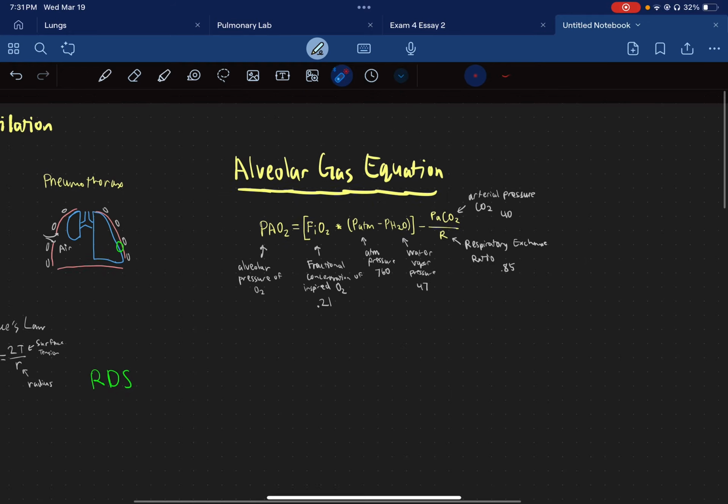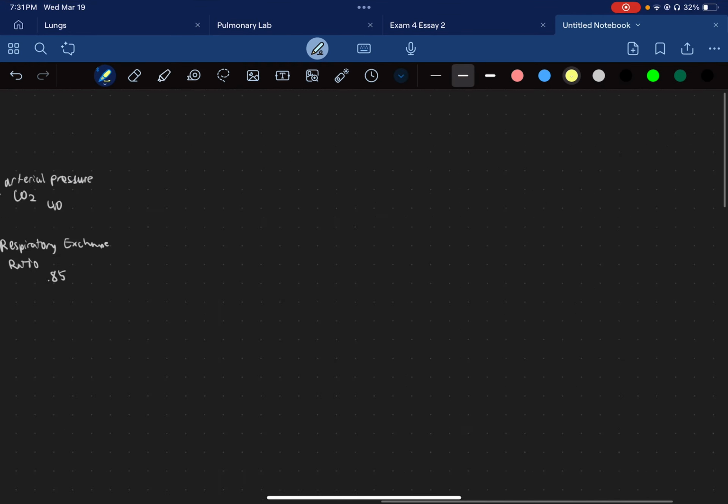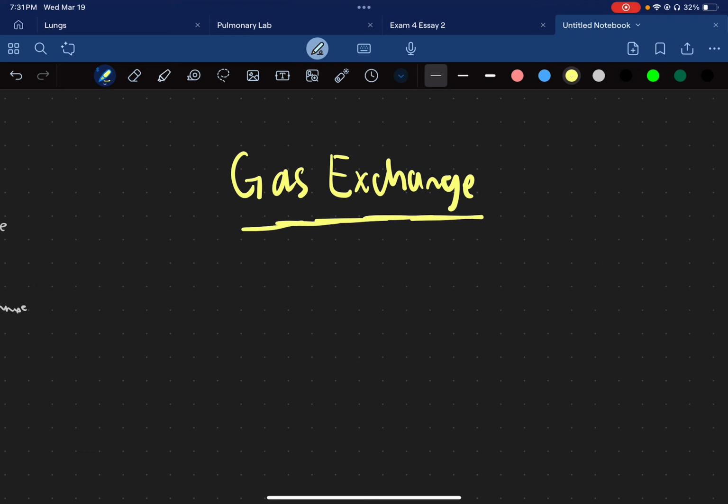So that brings us to gas exchange. CO2 and O2 are going to be transported in the blood in different ways.